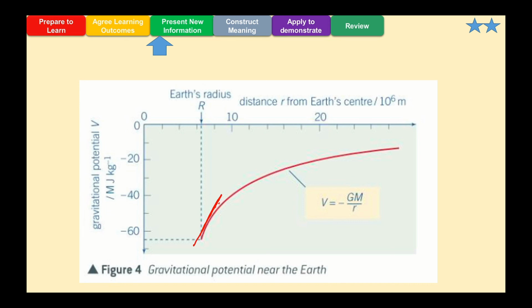However, the farther away we get, the flatter that line becomes. So the farther away you are, in order to have a more noticeable change in your gravitational potential, you have to move a greater r. So that's how gravitational potential and gravitational potential gradients are linked. Okay, so hopefully that will help you out.